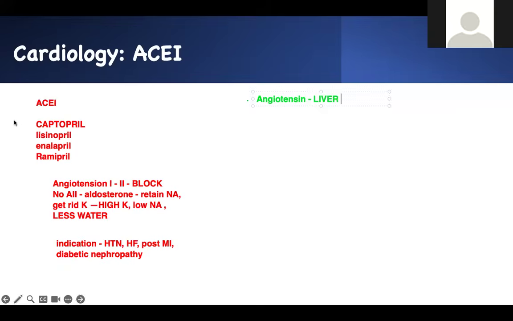This has to be converted into angiotensin 1, and for this you need something we call renin from the kidney. So the kidney makes renin, and it acts on the angiotensinogen from the liver and breaks it down into angiotensin 1.